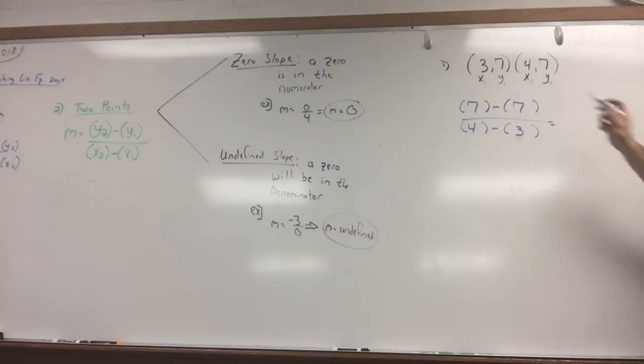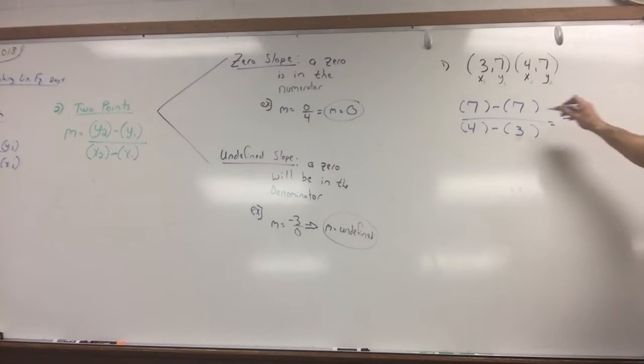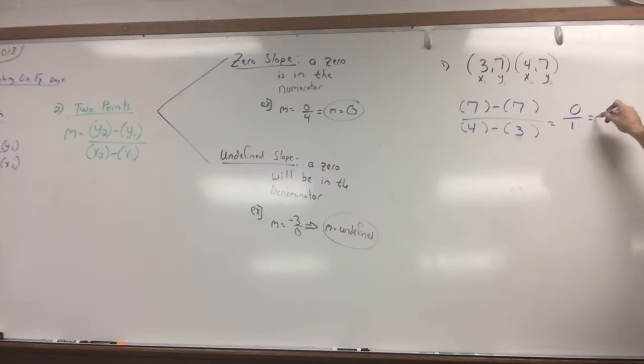When we subtract, 7 minus 7 is 0, 4 minus 3 is 1. That equals m, my slope, but can I have 0 divided by 1? I want you to simplify that. What is 0 divided by 1? So m equals 0. When 0 is in the numerator, the slope is 0.